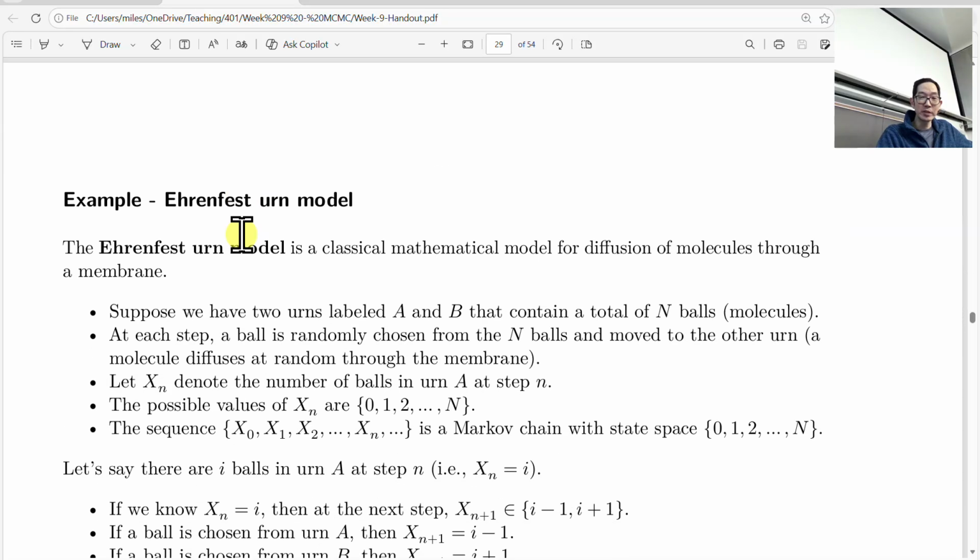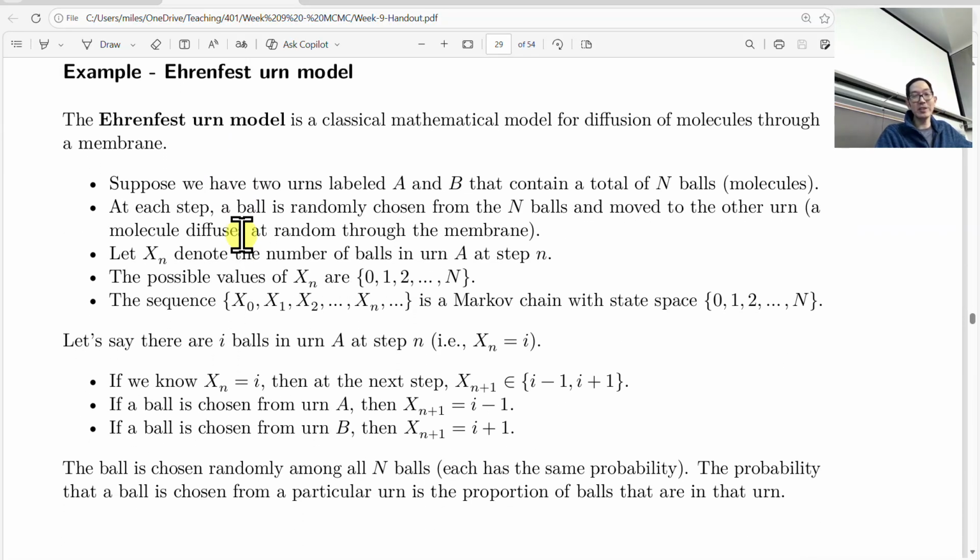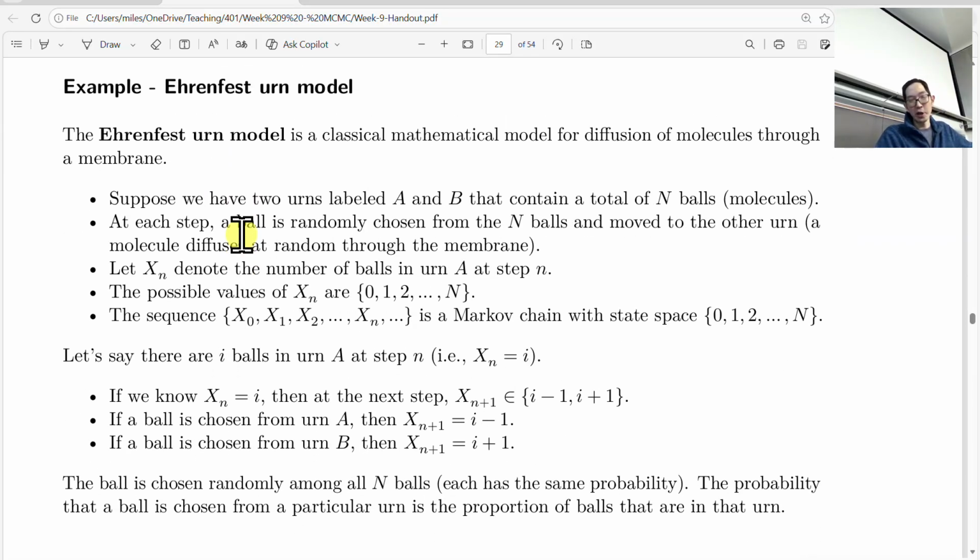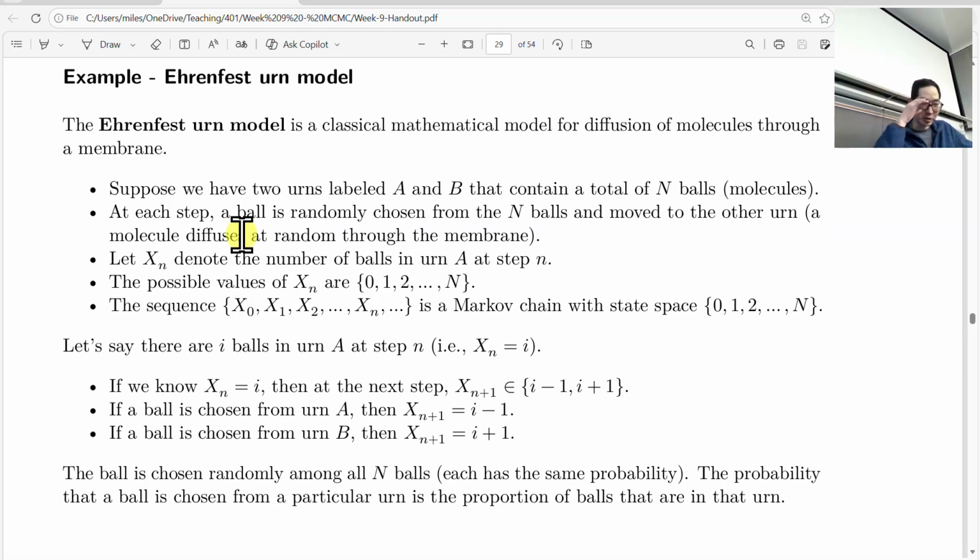There's another model, the Ehrenfest urn model. It can be used to simulate diffusion of molecules through a membrane.